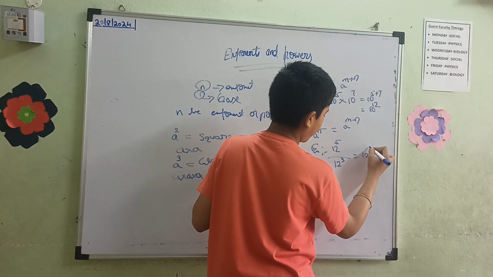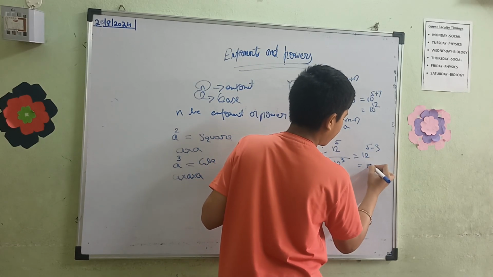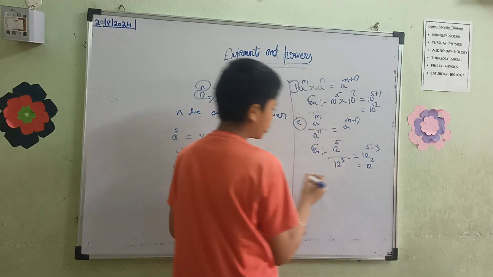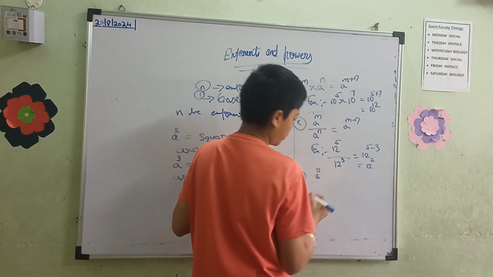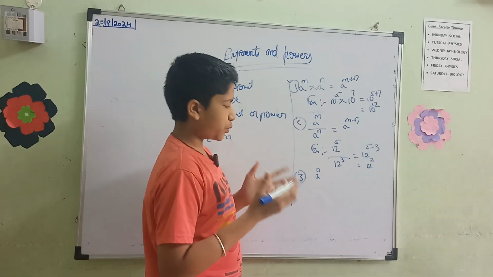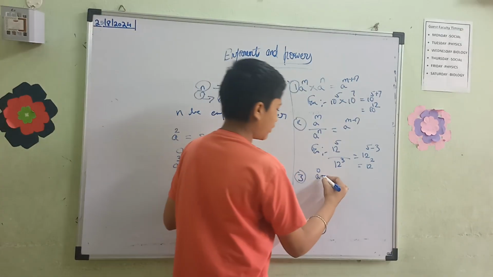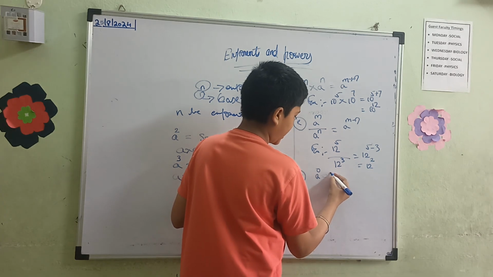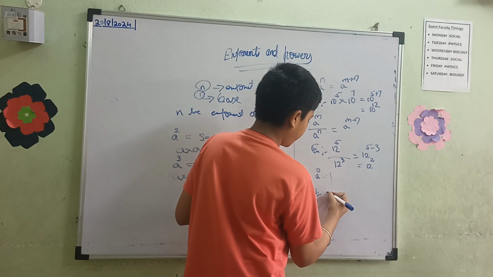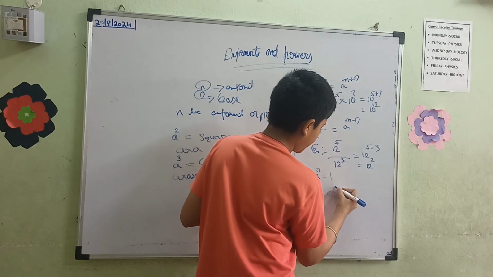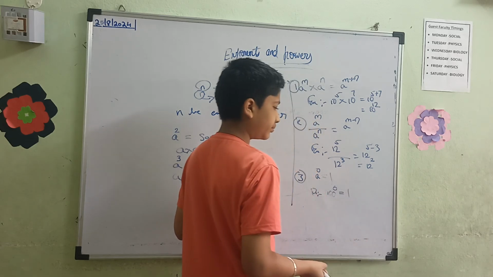You can write it as 12 to the power 5 minus 3, equals 12 to the power 2. Third law, a to the power 0. When any number's exponent is 0, then we can write that term as 1. Example, 100 to the power 0 is nothing but 1.